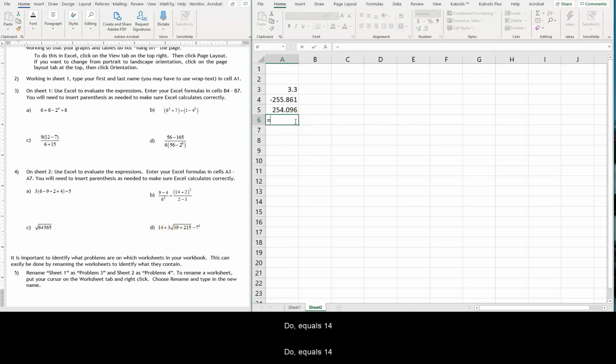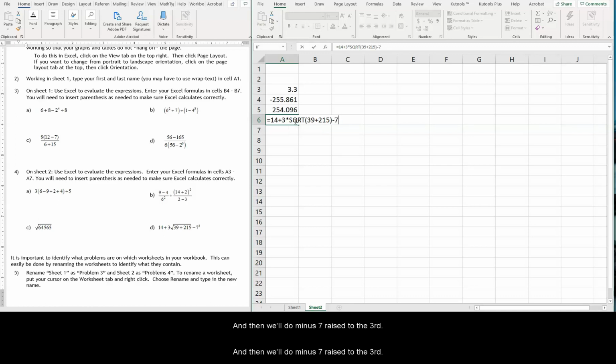do equals 14 plus 3 times, and then again we have a square root. So SQRT, do our parenthesis, and only what we're taking the square root of goes inside these parentheses. So 39 plus 215, and the rest of that's outside the square root, so I need to end the parentheses.